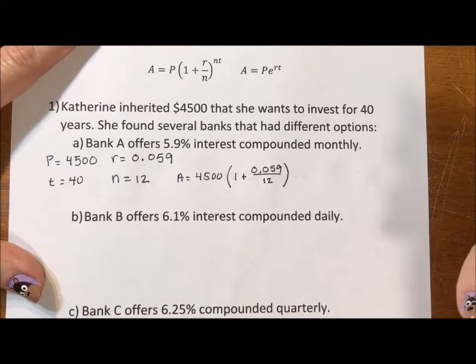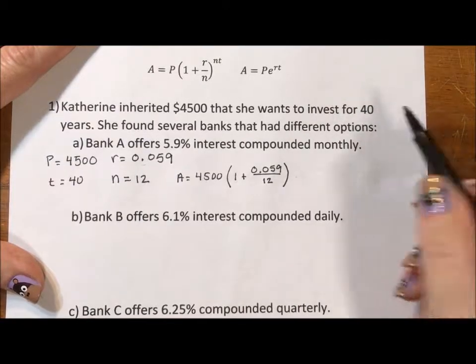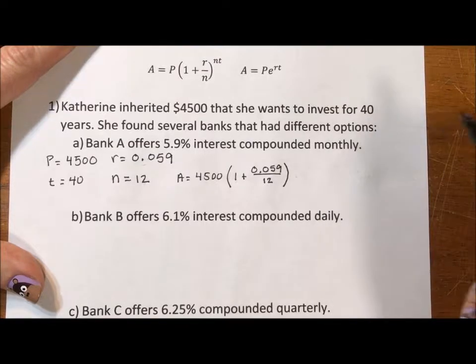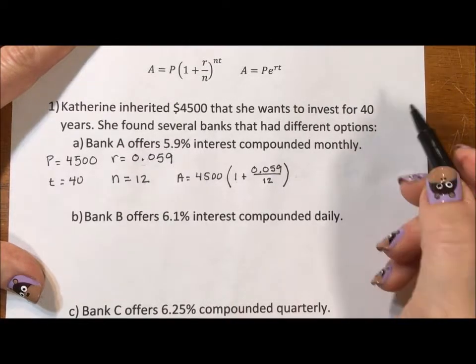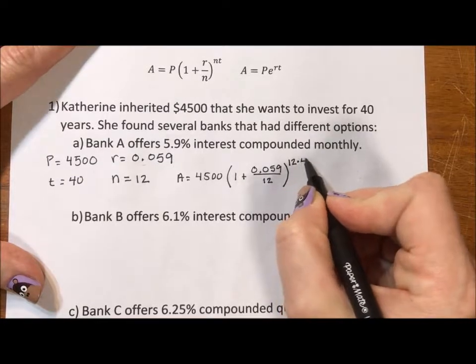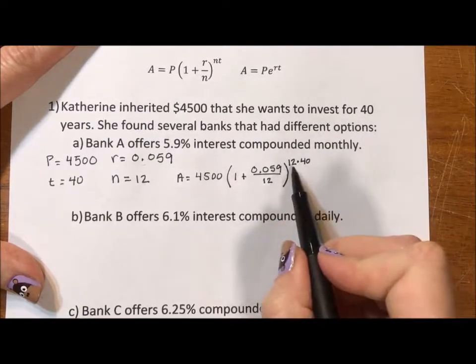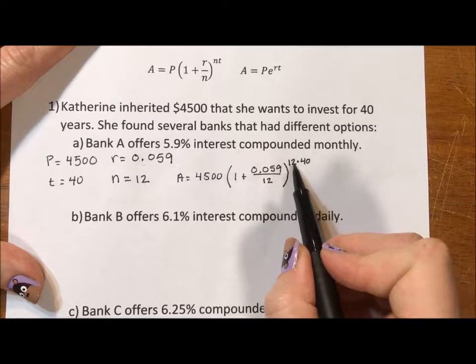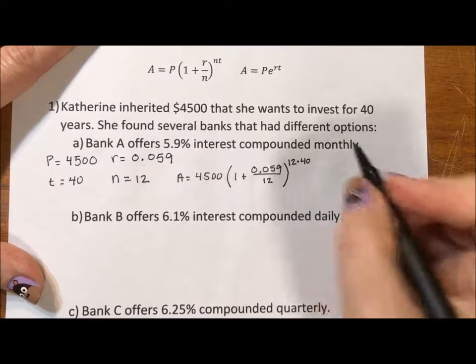Because it's compounded monthly, instead of the money accruing interest for 40 years, it gets money 12 times a year for 40 years. So the number of times the equation is applied is 12 months a year, 40 years.